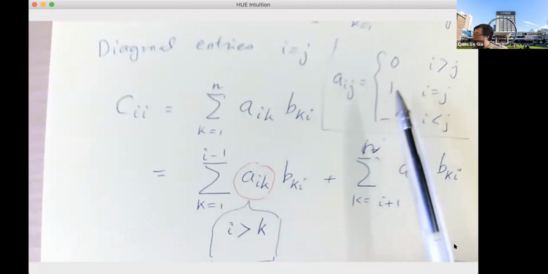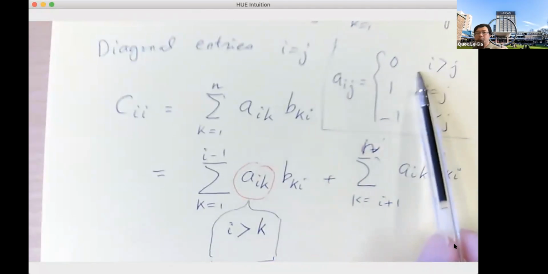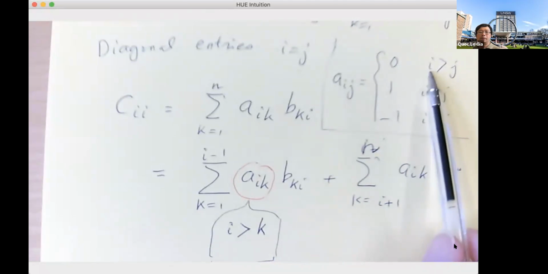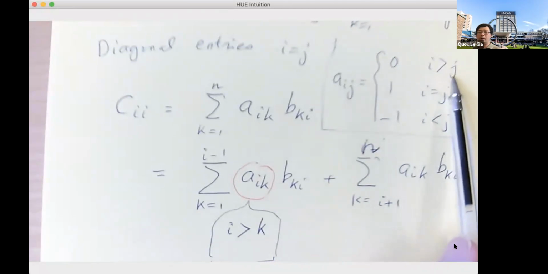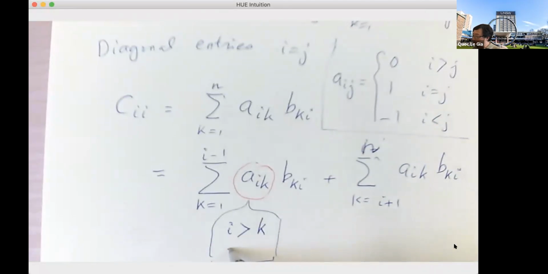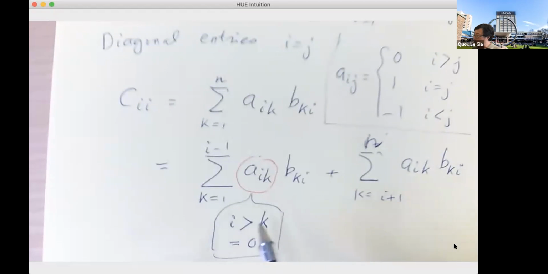So the row I bigger than the column j, therefore this one is just equal 0. Because of this I bigger than k, therefore it equals 0.